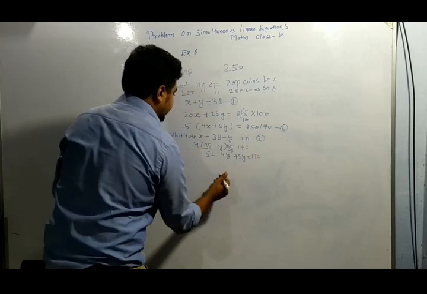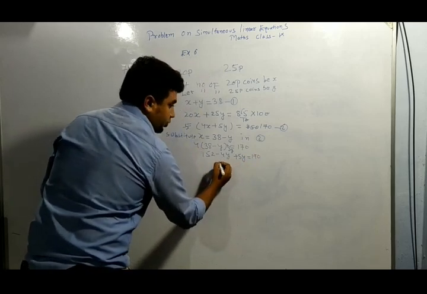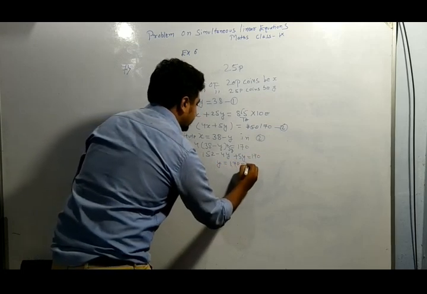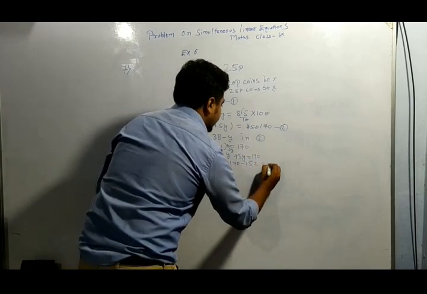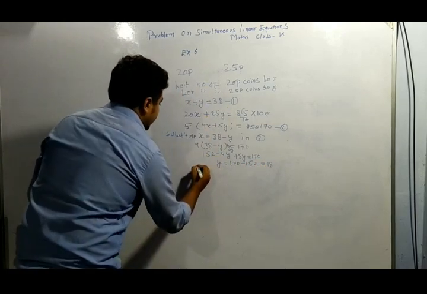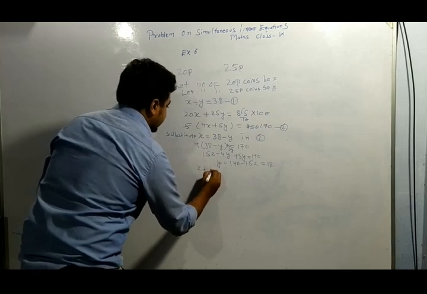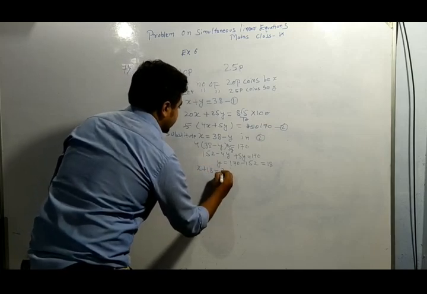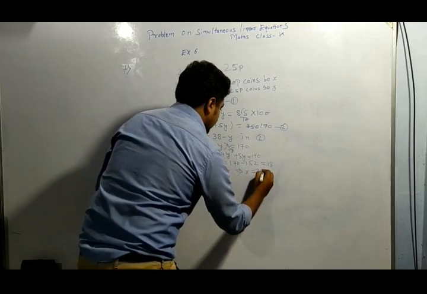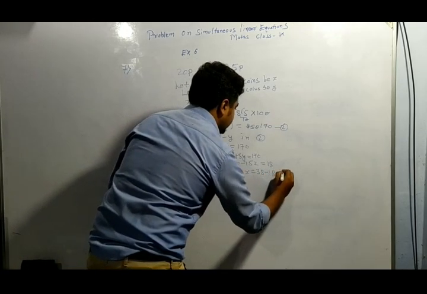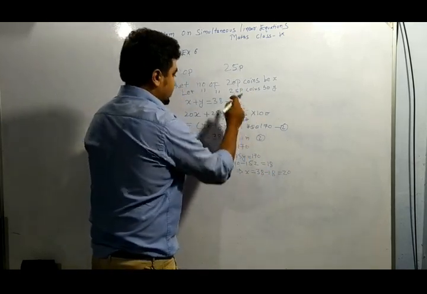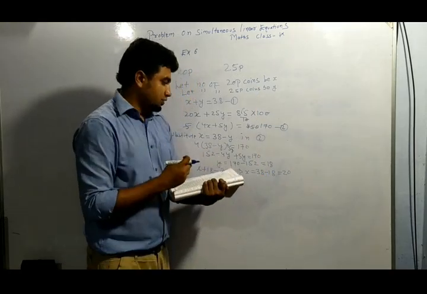So from here we are getting 5y minus 4y is y will be equal to 170 minus 152, which comes out to be 18. Now the second thing is x: x plus 18 is equal to 38. So x will be equal to 38 minus 18, which is equal to 20. So 20 paise coins are 20 and 25 paise coins are 18. So this is question number 7.